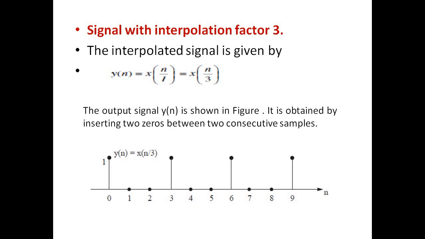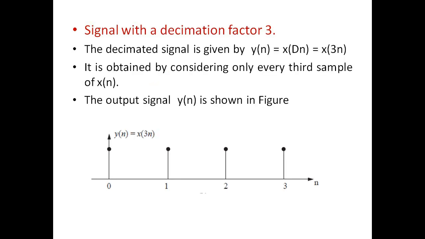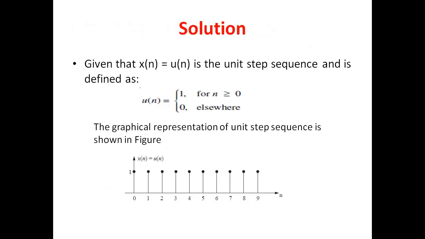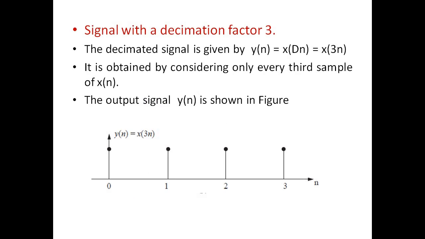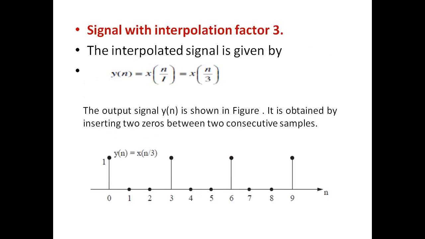So those 2 samples have to be made 0, and then we go for the third sample. Similarly 4 and 5 will be 0, followed by the third sample at 6, and this goes on continuously. So with respect to the unit step sequence x of n, I have plotted the decimated signal as well as the interpolation with the factor of 3.